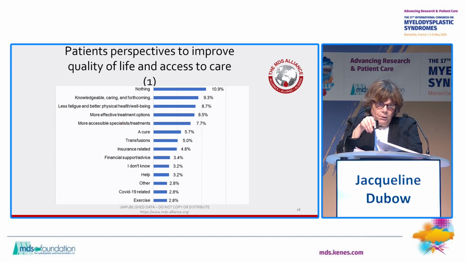Financial support advice, 3.4%, so it's not a huge number. Some people don't know. Some people would like some help. And some people were bothered by the COVID, 2.8%, but I will come back on that.